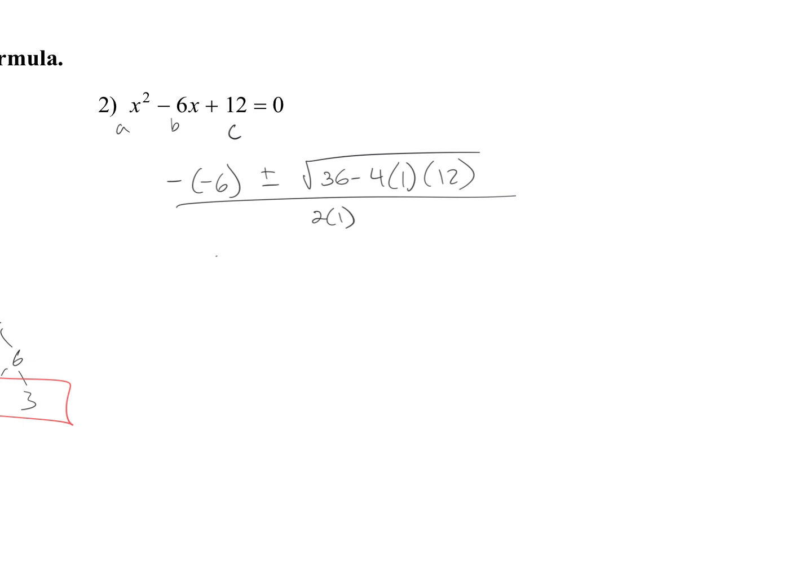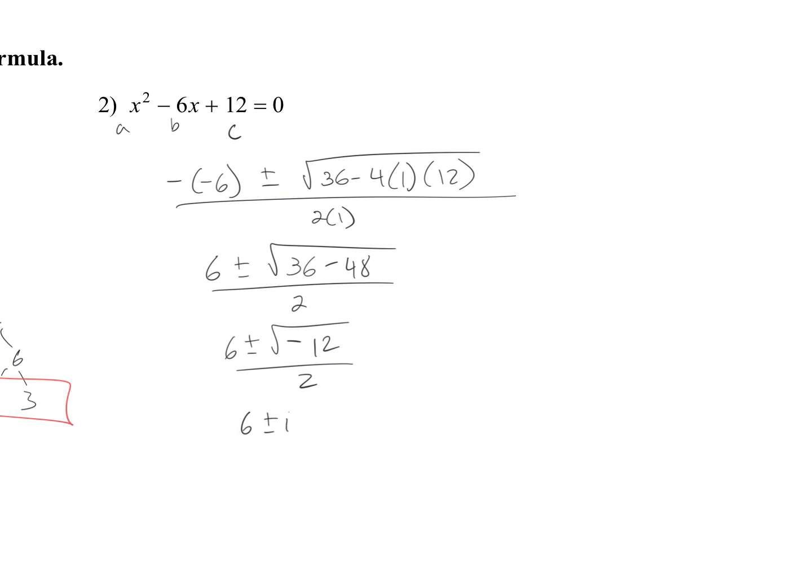This is going to simplify to 6 plus or minus 36 minus 48 over 2. This is going to simplify to 6 plus or minus negative 12 over 2.